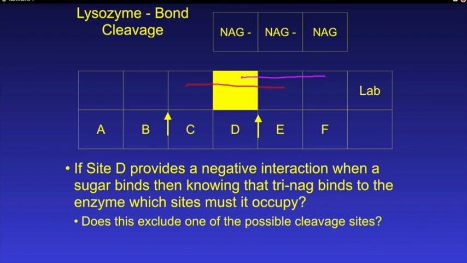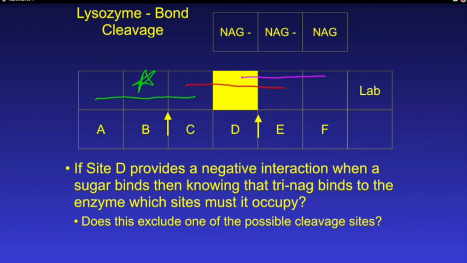That's 1, 2, 3. Again, 2 positives and 1 negative. The third place that I could bind is here. That has 3 very positive interactions. So the likelihood of tri-NAG binding is right here. That's the best binding. Now, that puts a tri-NAG in a position where you could possibly break a sugar. You could break these 2 away from this one.